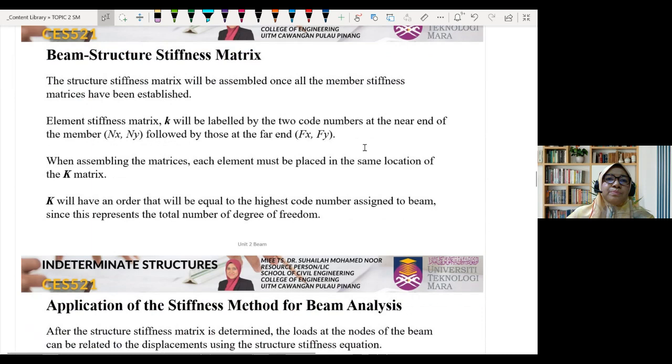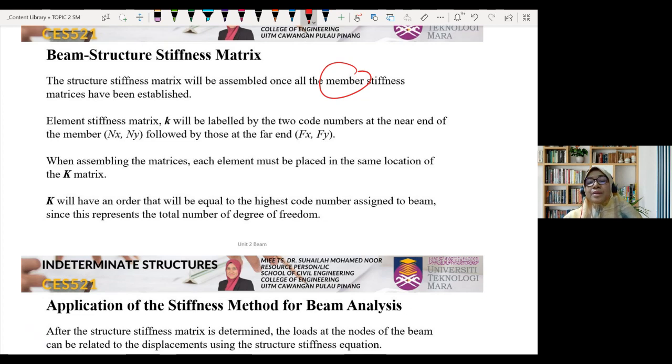Okay, so the beam structure stiffness matrix. The structure stiffness matrix will be assembled once all the member stiffness matrices have been established. It means that we need to start from the node. We establish the member stiffness matrices, or the element global stiffness matrices, and from that we establish the structure stiffness matrix.